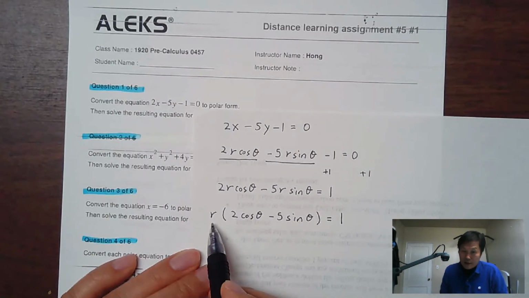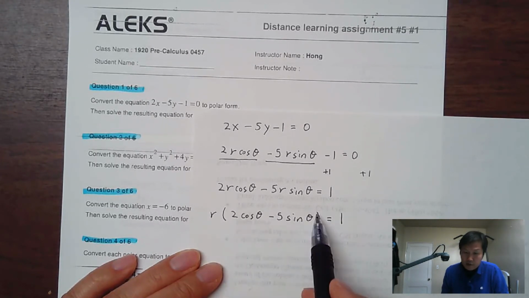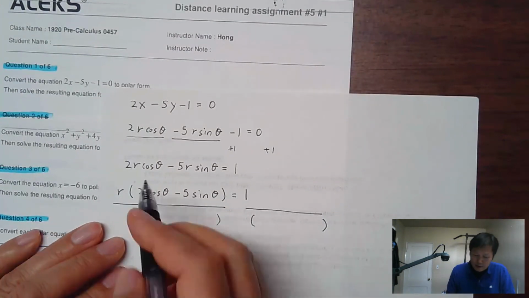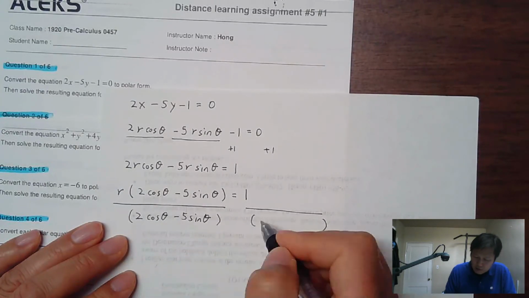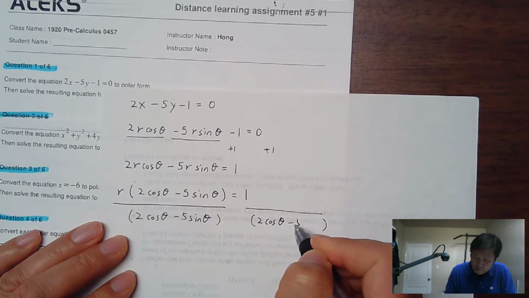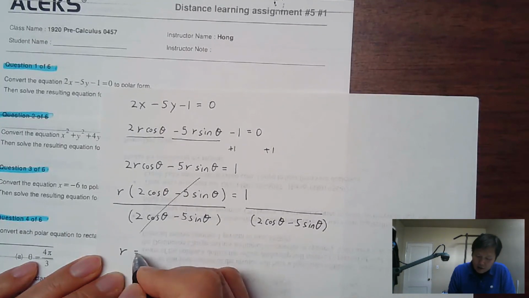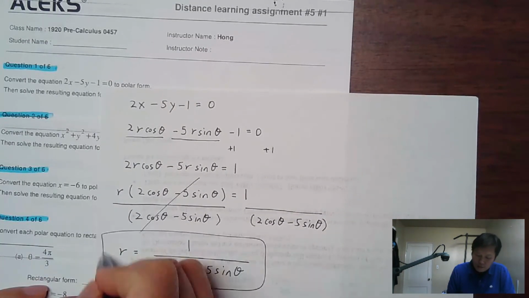Now r is outside, and you want this entire parenthesis to disappear from the left-hand side, so divide both sides by 2 cosine theta minus 5 sine theta. Then it cancels out, so r is equal to 1 over (2 cosine theta minus 5 sine theta). That will be your final answer.